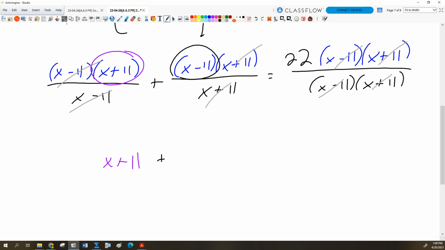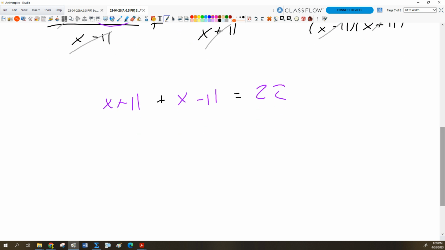The only thing left is x minus 11 equals the only thing left here is 22, right? Okay, so then let's solve this simple equation. X plus x is 2x. 11 minus 11 cancels. So 2x equals 22. What's our solution? Okay, are we done?